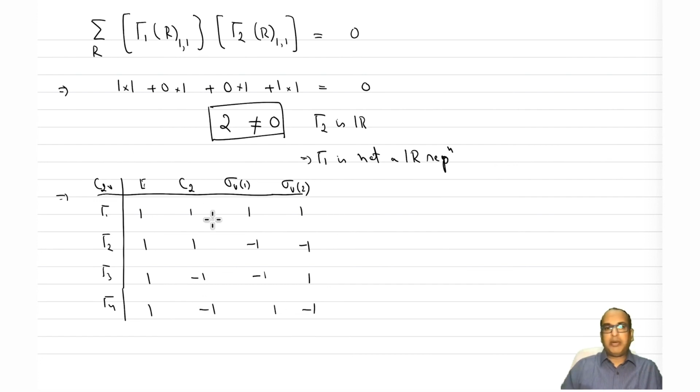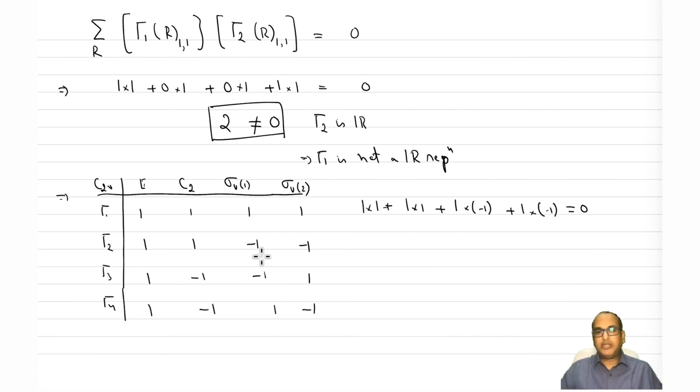Now if we apply the same property, let's take the product of any two matrix elements and take the sum. This will always come out to be 0. So let's do this: 1 into 1 plus 1 into 1 plus 1 into minus 1 plus 1 into minus 1. This will be 0. So you can test any two of these.